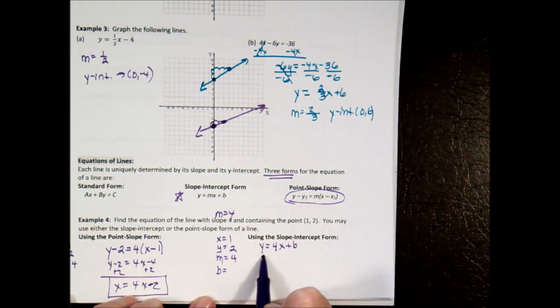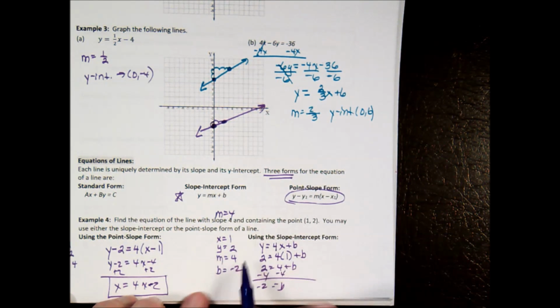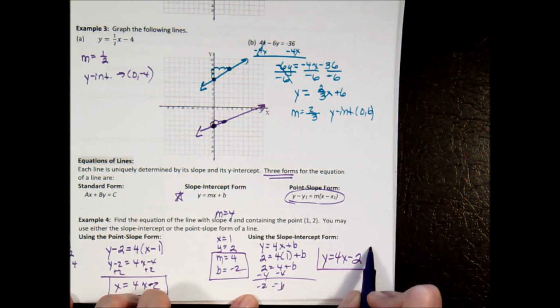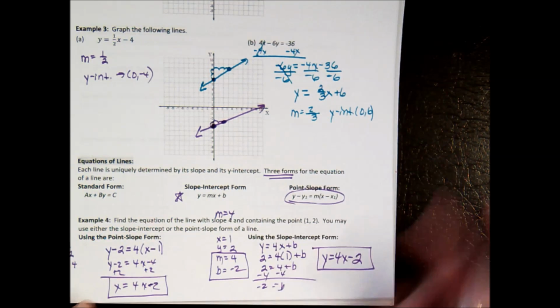So 2 equals 4 plus b. I subtract a 4, and I know b is negative 2. So I can put that together with these two pieces: y equals mx plus b. In this case, I have to admit, I think this way was easier. In most cases, I think this way is easier. So you need to know both ways.